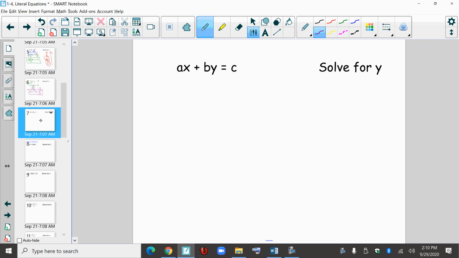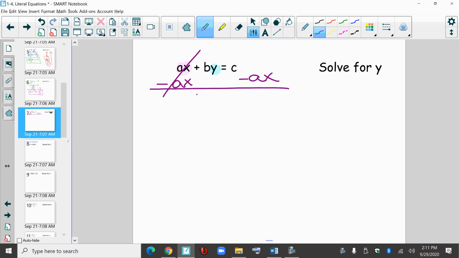We're going to solve this for y. So here's y. Now, which do I get rid of? The ax that's attached by addition or the b that's attached by multiplication? Ax is the term I need to get rid of first. So that means I'm going to subtract ax from both sides because the opposite of positive ax is minus ax.